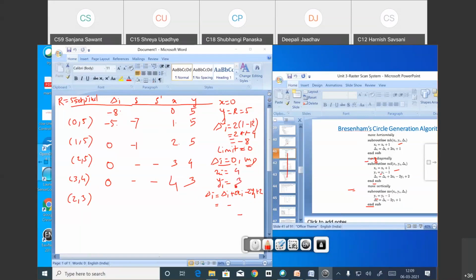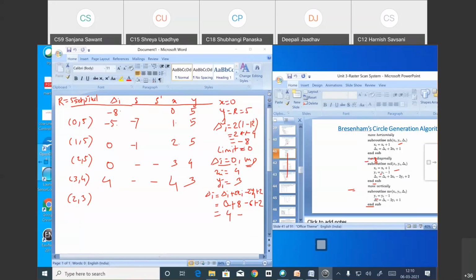Delta I is 0 plus 2 into xi 8 minus 6 plus 2. The value of delta, what is it? 4. So I write here 4.